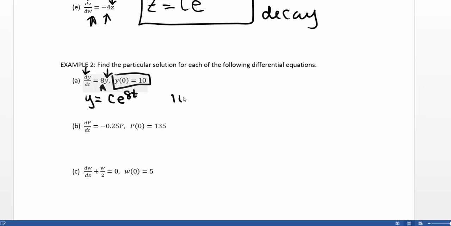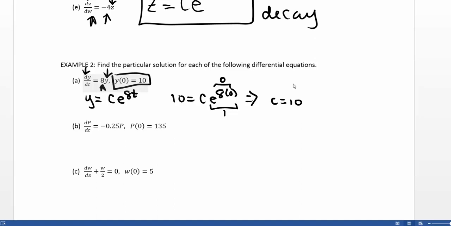So we have 10 equals CE to the 8 times 0. Anything times 0 is 0. So this is 0. And e to the 0 is 1. So what that tells me is that c equals 10.